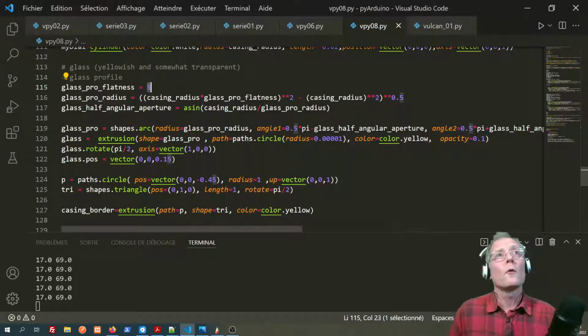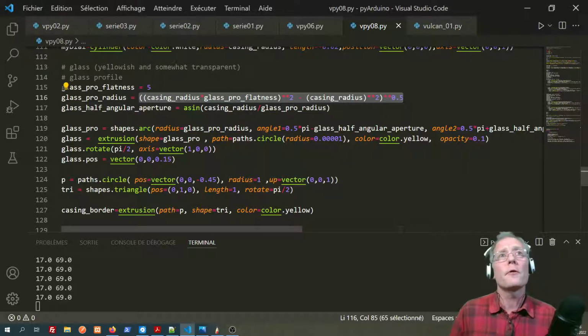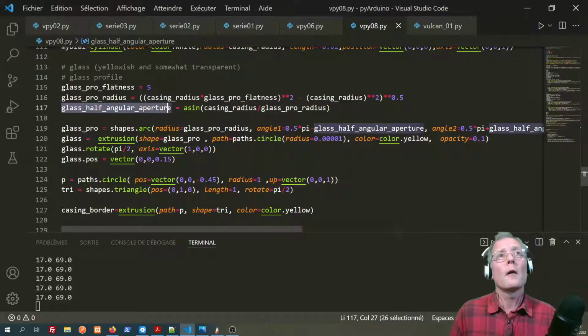The glass pro radius here I can find with the Pythagoras theorem. Then I can find the half angular aperture, which will be the arcsine of the radius over the glass pro radius.